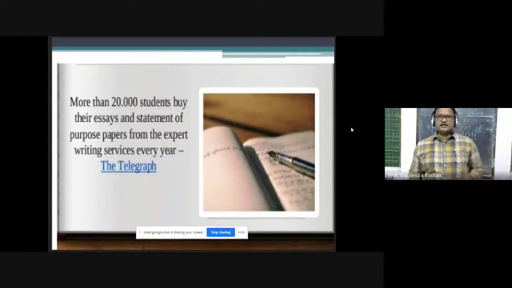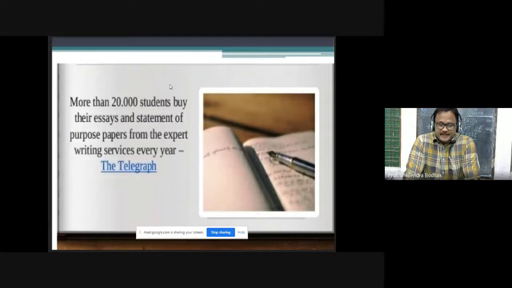The reason is that the experts don't know your qualities, your achievements, your likes, dislikes, your advantages, disadvantages. So, if you buy an SOP from the market or from the experts, there is a great possibility that you may not be selected for that particular course.